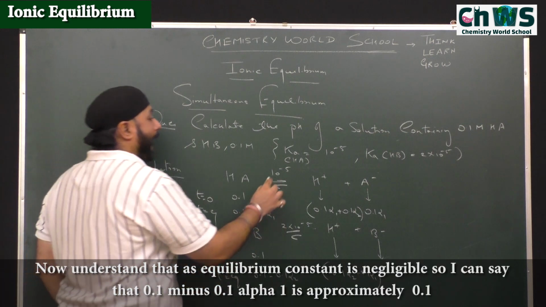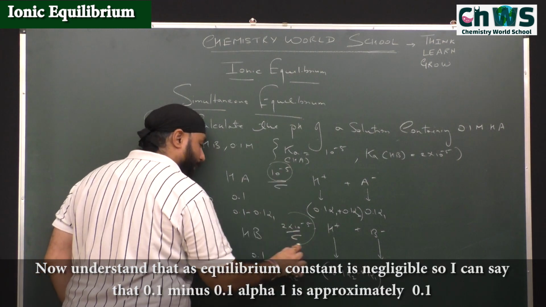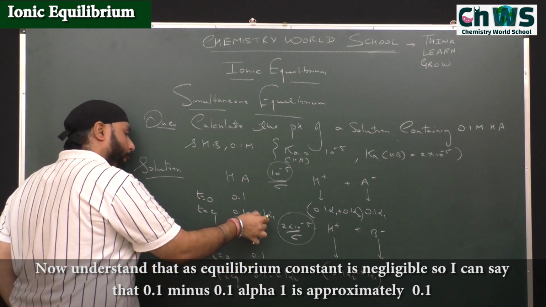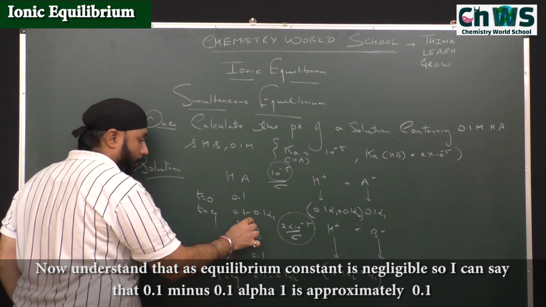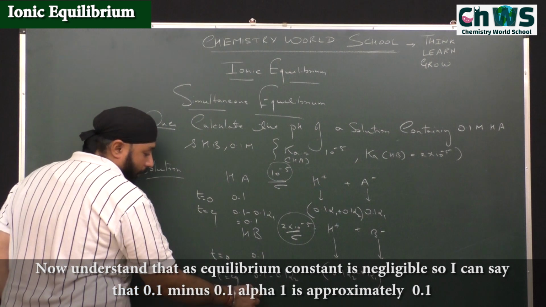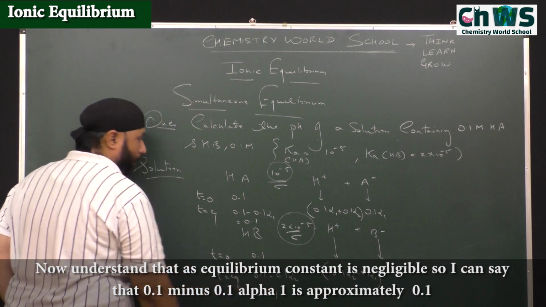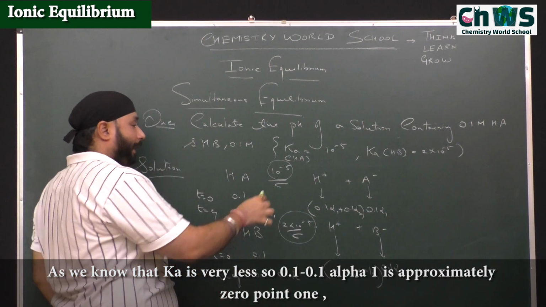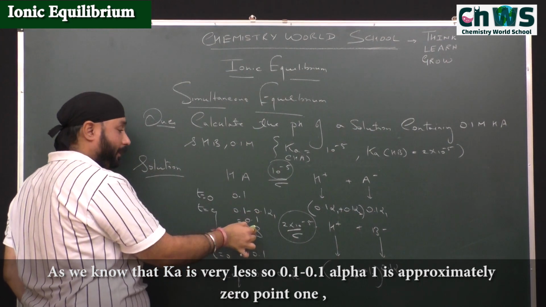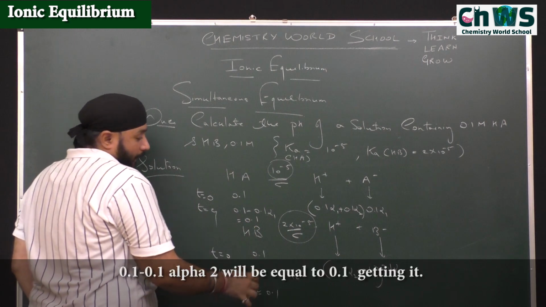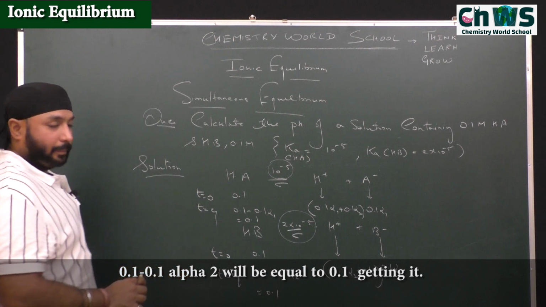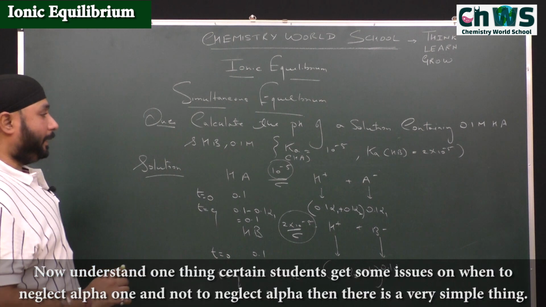Now understand that as the equilibrium constant is negligible, I can say that 0.1 minus 0.1 alpha 1 is approximately 0.1, and 0.1 minus 0.1 alpha 2 is approximately 0.1, as we know that Ka is very small.